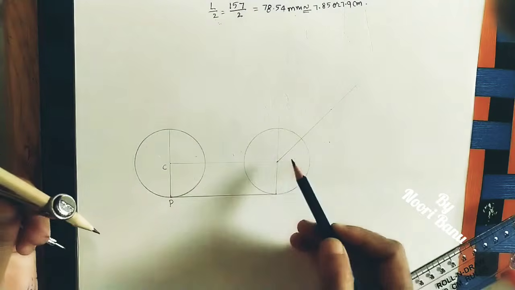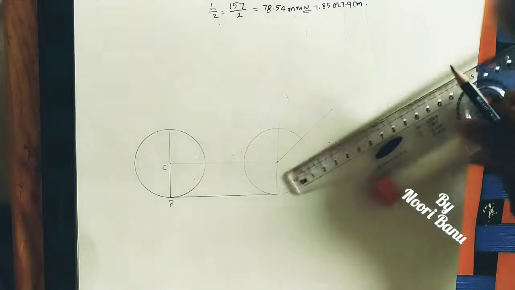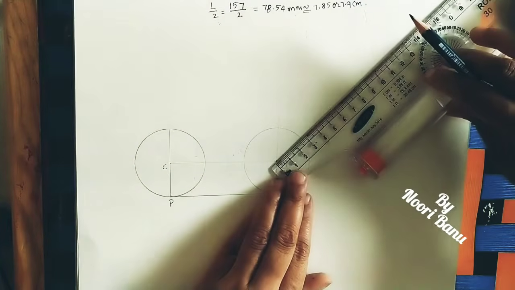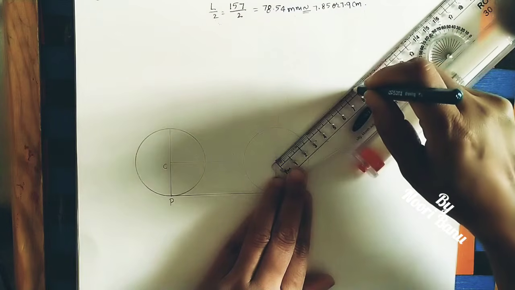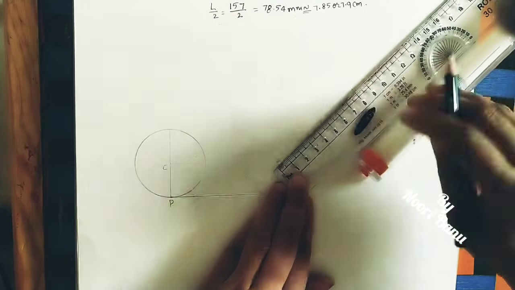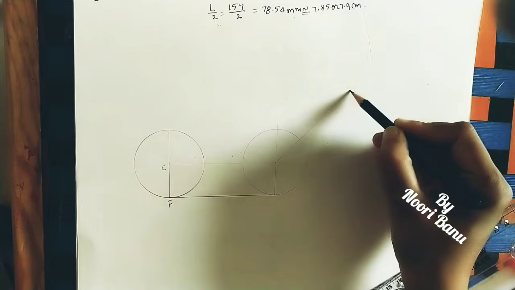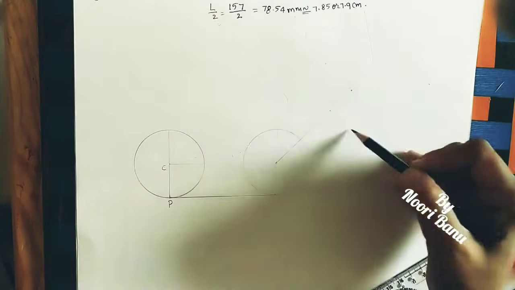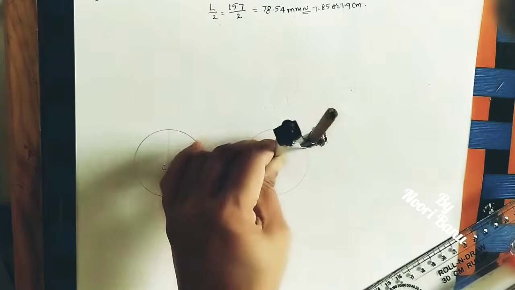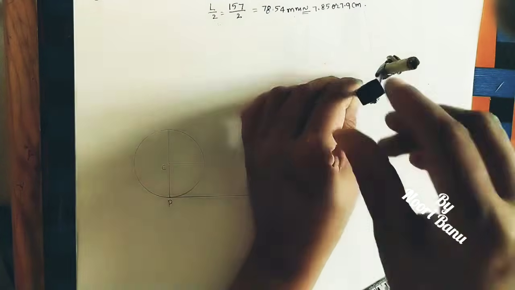Whatever this half length is, mark the same length on it, or by using a scale also we can mark. It is 7.9 centimeter. So here I have marked this center for the circle. The circle is moving in this direction. Draw one more circle here with this center, taking the same radius.